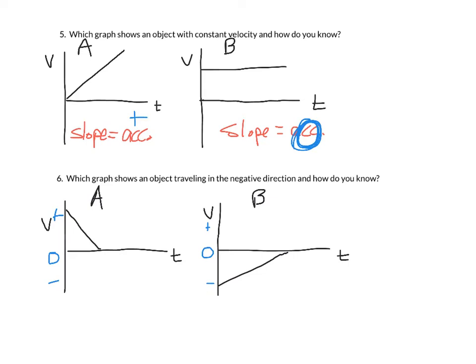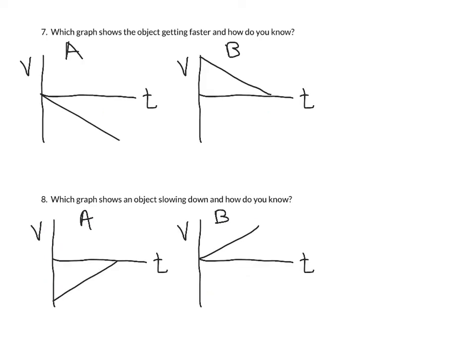All right, last slide. Okay, number 7. Which graph shows the object getting faster, and how do you know? So these two questions, 7 and 8, are the same questions that we had on numbers 3 and 4, but instead of position-time graphs, now we have velocity-time graphs. Getting faster. That means velocities that are getting bigger.